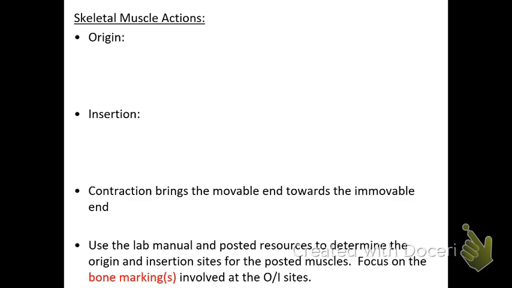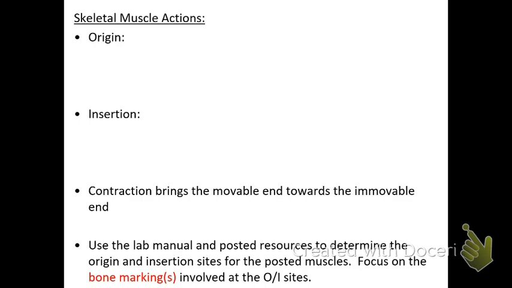And in order for a muscle to do its job, in order for a muscle to do its action, it must be attached to predictable places of the skeleton. Many of the bone markings that you're learning are in fact places where muscles attach to the skeleton. And when the muscle contracts, the bone is pulled in a particular direction.